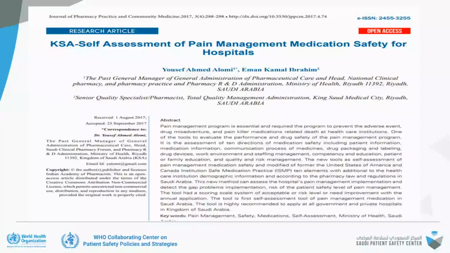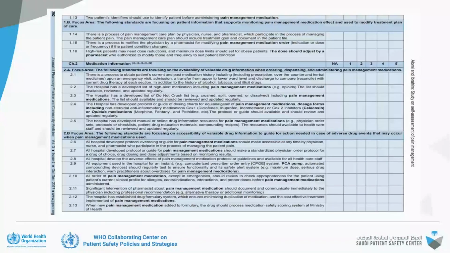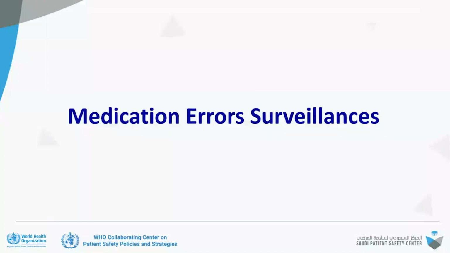This is the list. We made it with 10 key elements, the same thing, in very simple language for all staff. If you want to establish medication safety for pain management, you can start with it to prevent any medication error in the future.